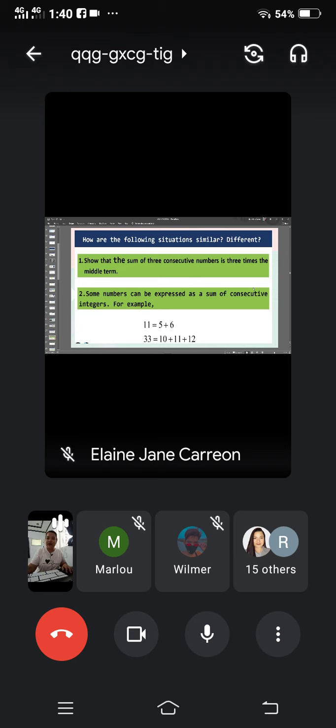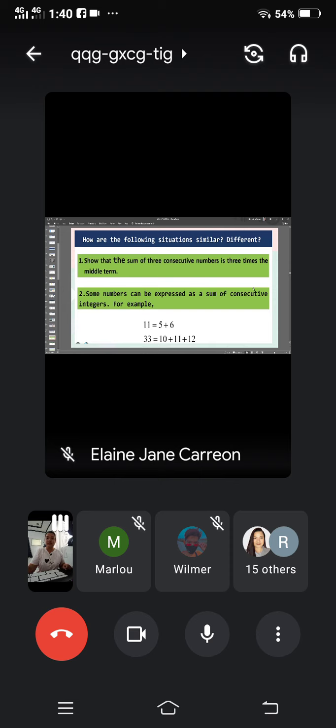Number 1 is telling you that you have to show or prove that the sum of three consecutive numbers is 3 times the middle term. While number 2 is telling you that some numbers can be expressed as a sum of consecutive integers.